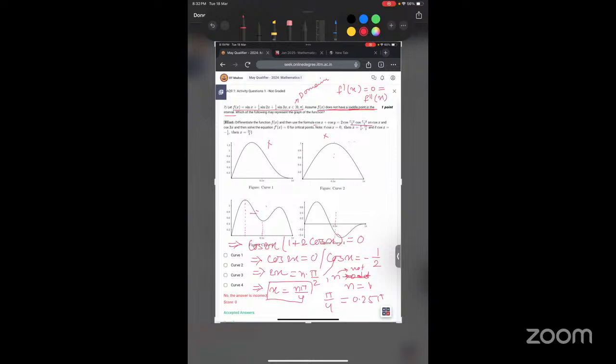Again, at pi by 2, if you give this cos 2x, it should not be any critical point, no matter. But here it shows a critical point as minima.